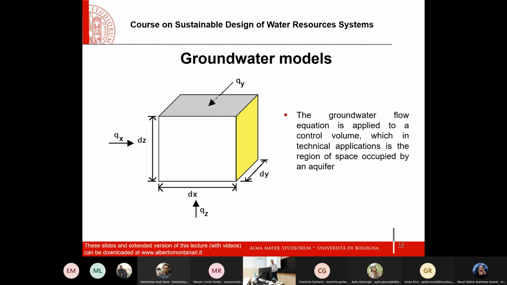It's a cube with the size x, y, z. We call it our control volume. It's fixed, not moving. Keep in mind that groundwater is moving slowly. So very often we don't need a Lagrangian description. The volume is fixed in space.